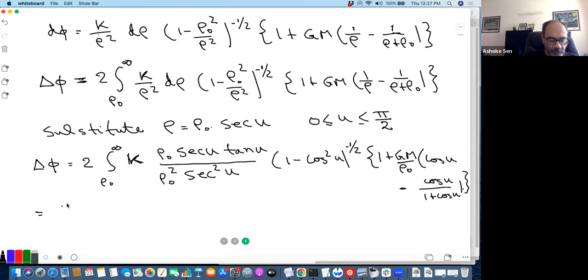So this is rho 0 over square root of psi of rho 0, 2. And then there is a 1 over rho 0 from here. Okay, so the rho 0s cancel. And now you have integral, sorry, this is not rho 0. In terms of u, it's from 0 to pi by 2.